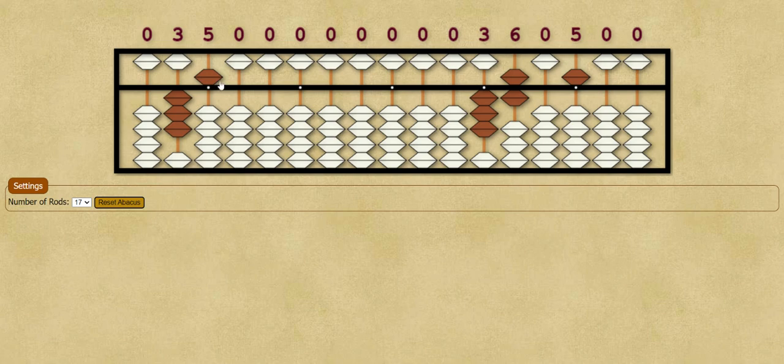Now to begin, we are going to compare the highest place digit of the dividend with the highest place digit of the divisor. Okay, both are the same in this case, 3. So we are going to compare the first two digits from the dividend with the divisor.